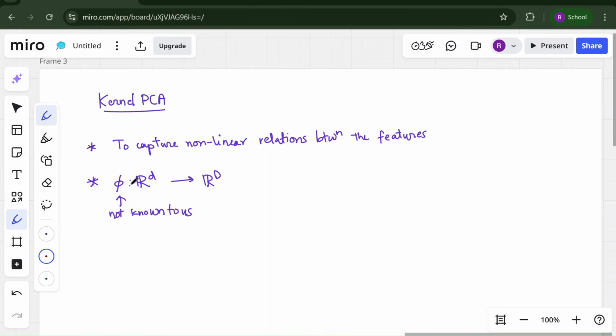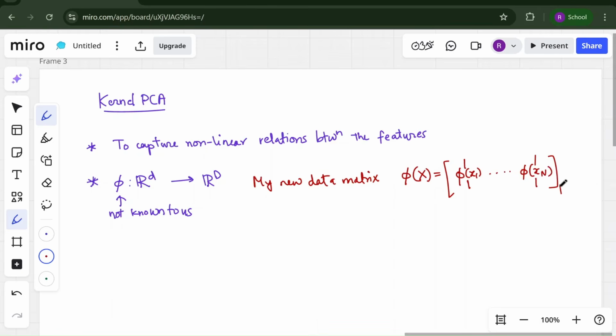What are we interested in? Once we move from a small space to a bigger space, what does my new data matrix look like? Phi x. This data matrix is of the form phi of x1, and so on, up to phi of xN, and each of them is a vector in R^D.